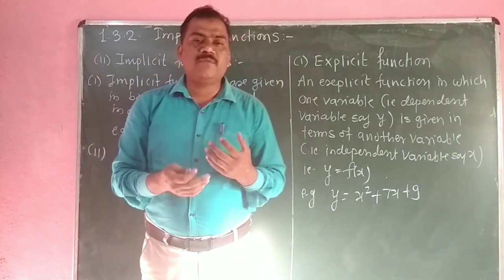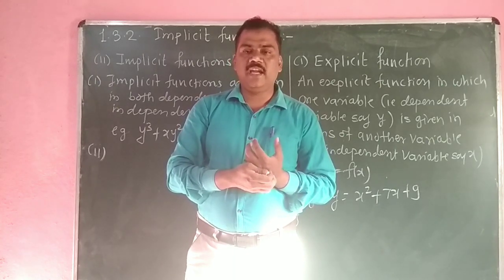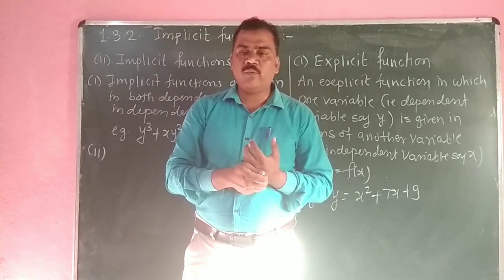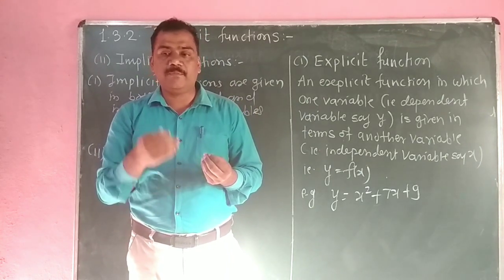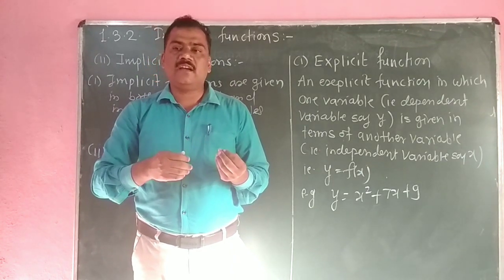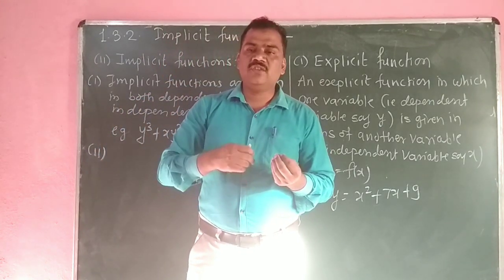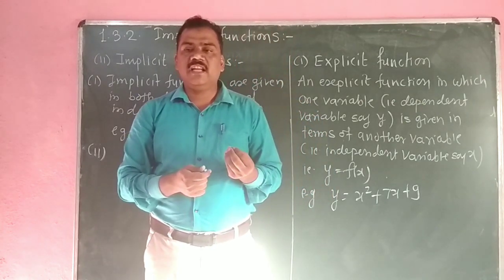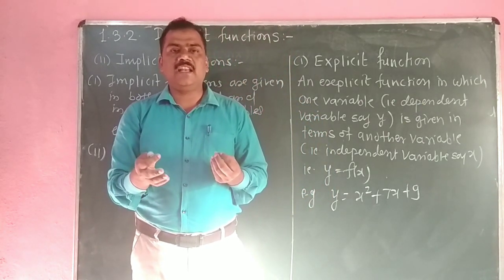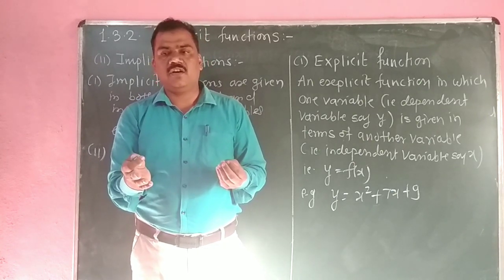Another way to say what is meant by an implicit function: if an equation in x and y is given, but x is not an explicit function of y, and y is not an explicit function of x, then either of the variables is called an implicit function of the other variable.